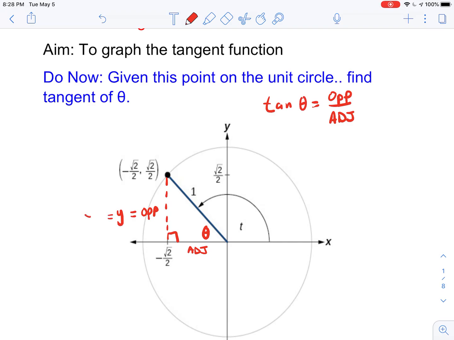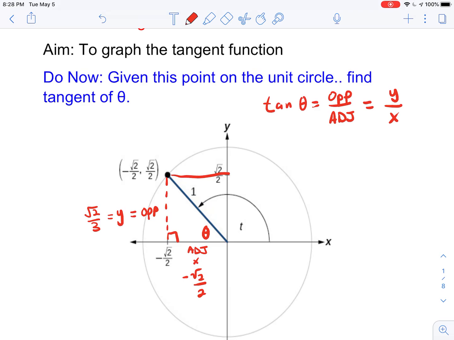Well, looking at this graph, remember the opposite side is going to correspond to my y value, which in this case is radical 2 over 2, because if you look going to the y-axis, that's the distance from 0 to my point. My adjacent side is going to be in line with my x value, which in this case is negative radical 2 over 2.